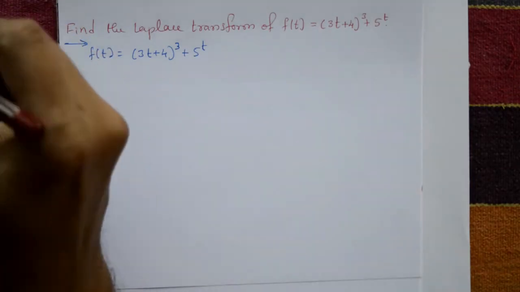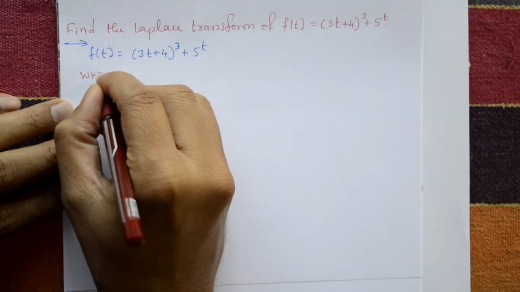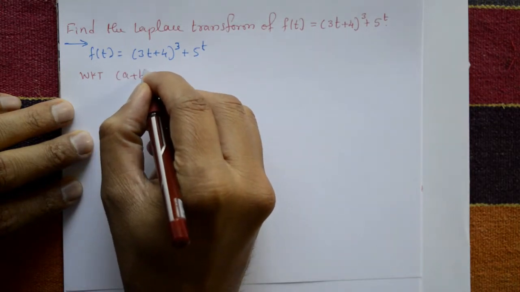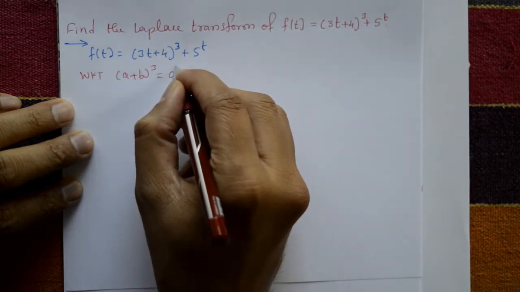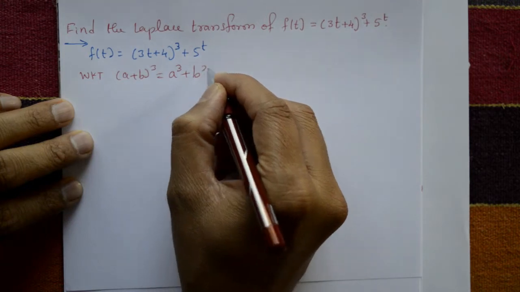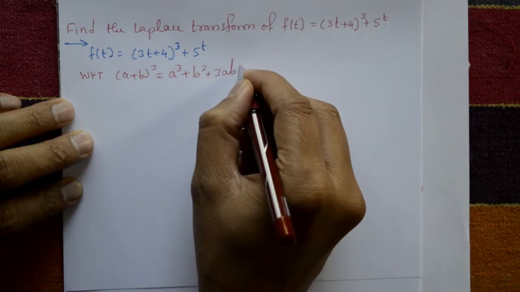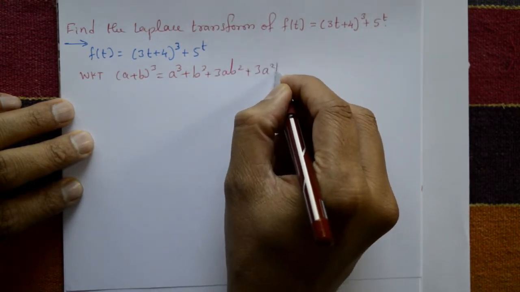Now you know the basic formula, (a plus b) whole cube is a cube plus b cube plus 3ab square plus 3a square b.